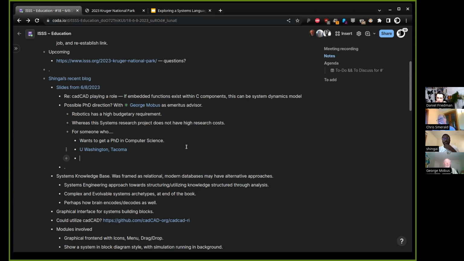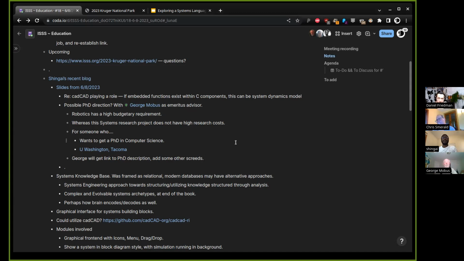I'll get the link to the PhD program description at the university, and then maybe write a little screed that says, this is a PhD in computer science. However, the project has a much larger scope in terms of being related to general system science. And we'll see where that goes.